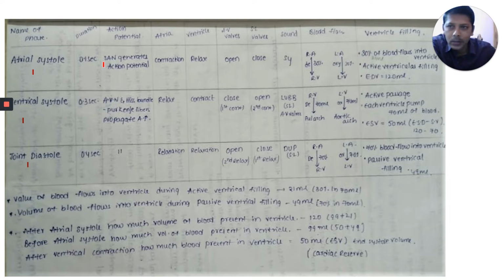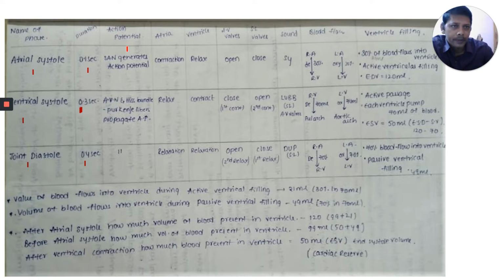We already discussed the durations: atrial systole 0.1 second, ventricular systole 0.3 seconds, and joint diastole 0.4 seconds.